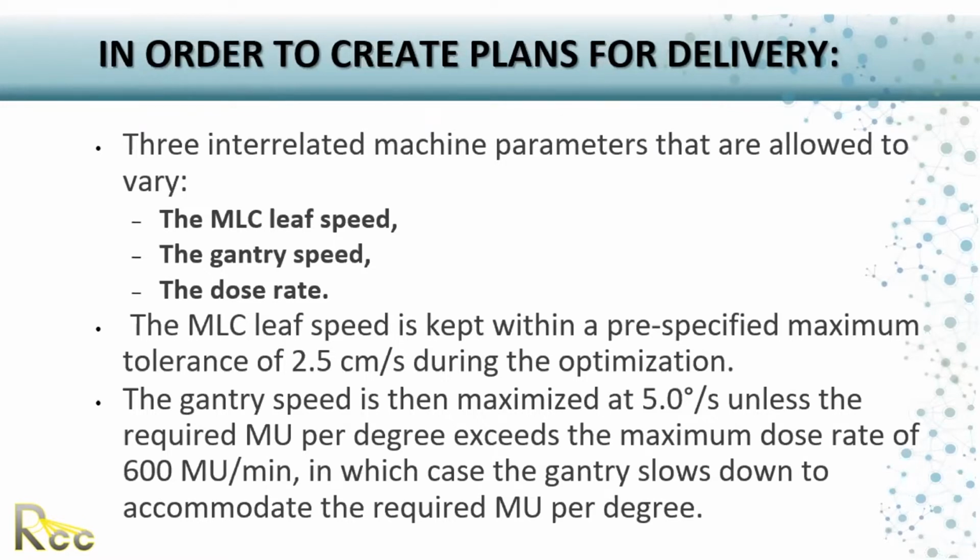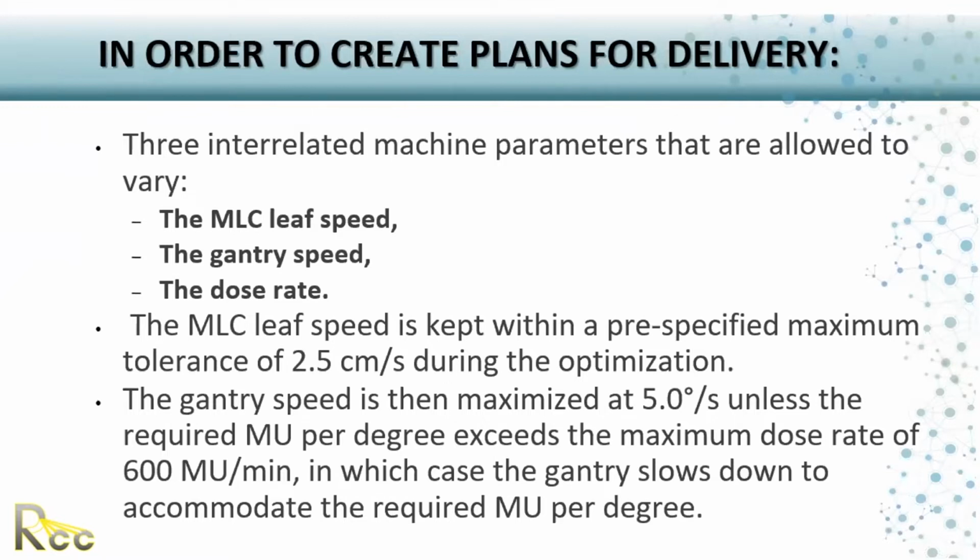Let's say you have 1,200 MUs, and the maximum dose rate that you use is 600 MUs. Your gantry speed is 5 degrees per second. What will the gantry do? It will reduce its speed to catch up with the high MUs that you are using.